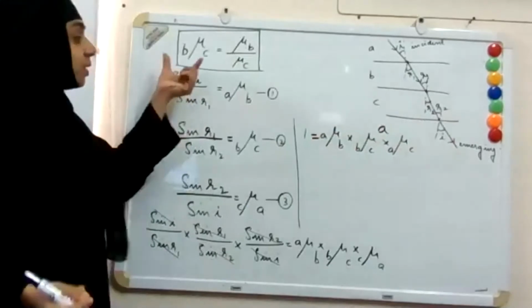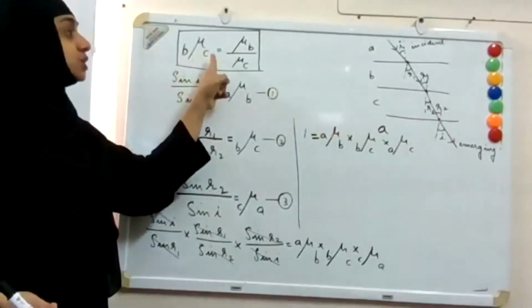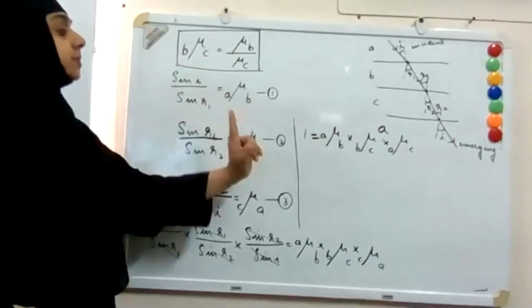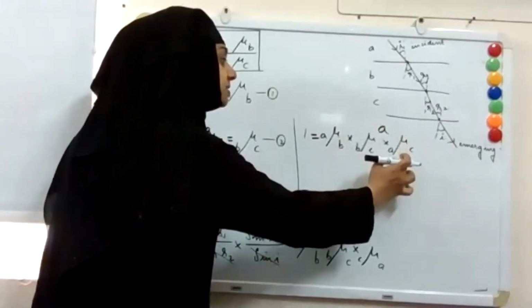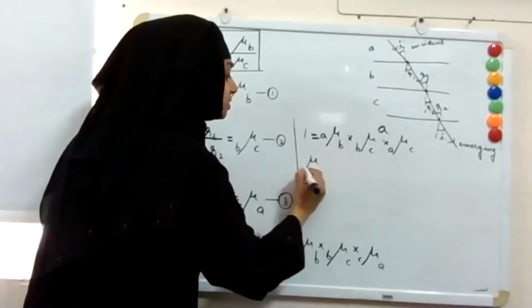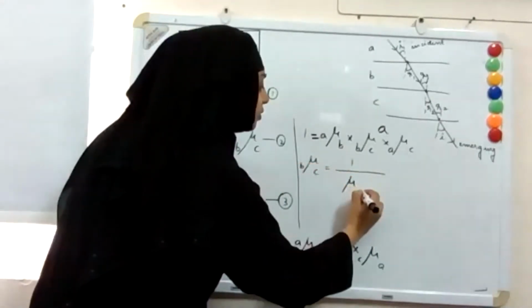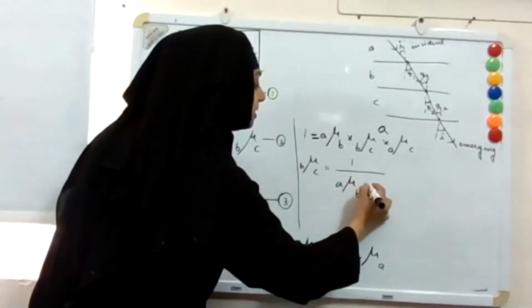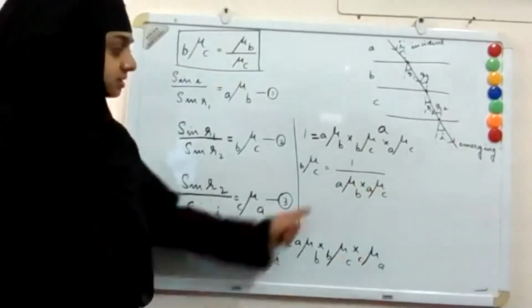Now here we want mu CB, the refractive index of C with respect to B. So I am taking this on one side and the other to the other side. So we have mu CB is equal to 1 by mu BA times mu AC. Is this clear?